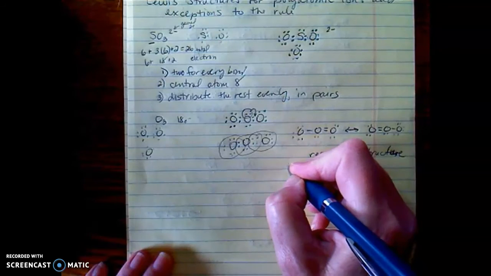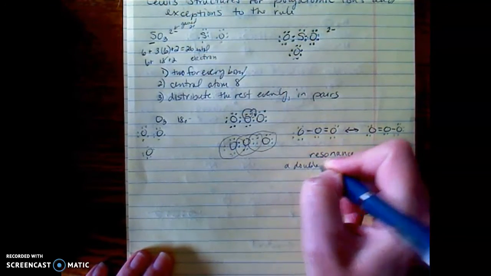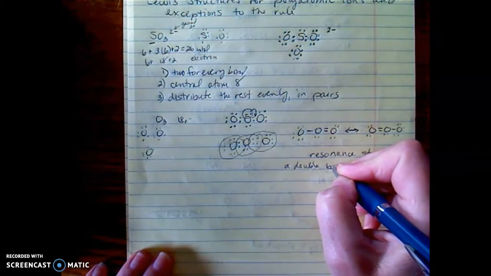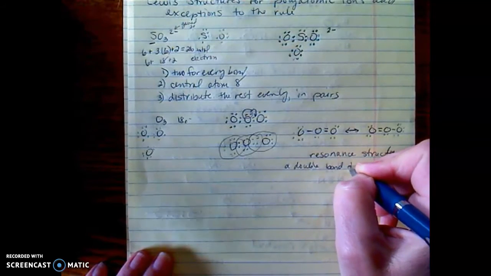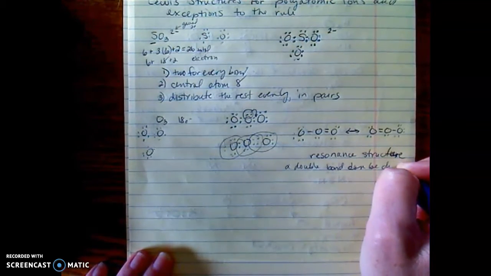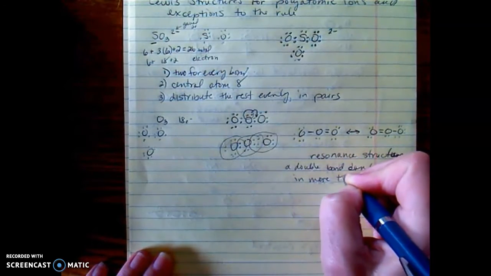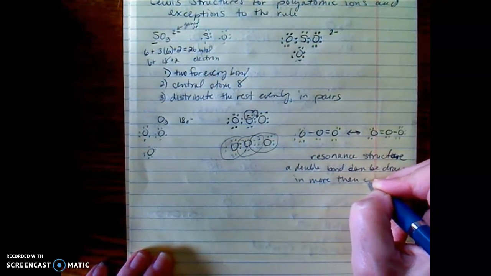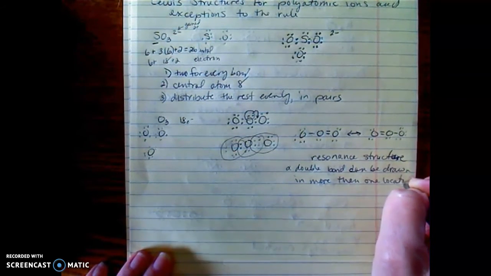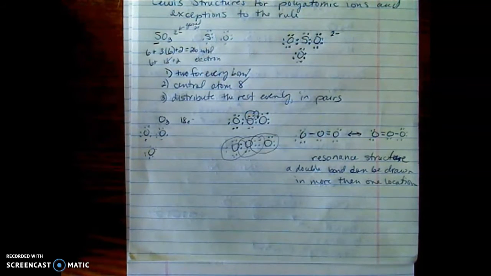It means that a double bond can be written in more than one spot, or drawn, in more than one location and still meet the rules, the octet rule. So in other words, resonance structures only occur when you have a double bond, and that double bond could actually be written in a different place but still represent the same compound.